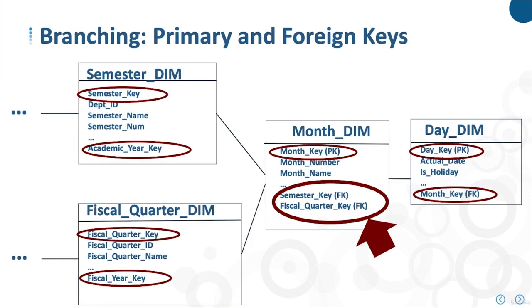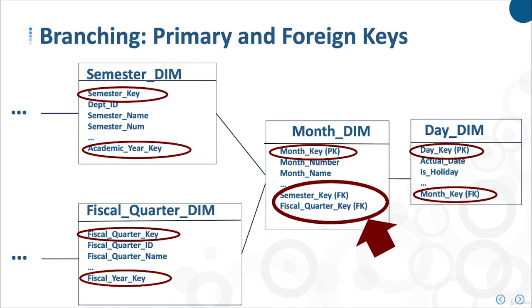Now, the way we represent that within our data is we'll have our day dimension over on the right-hand side. So notice day key is the primary key. It has a foreign key of the next highest level, which is month key. For the month dimension table, it has its primary key of the month key. But notice it has foreign keys relating to each of the branches.